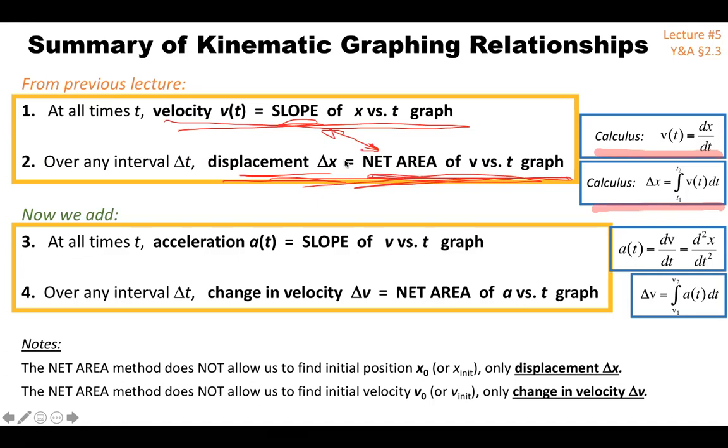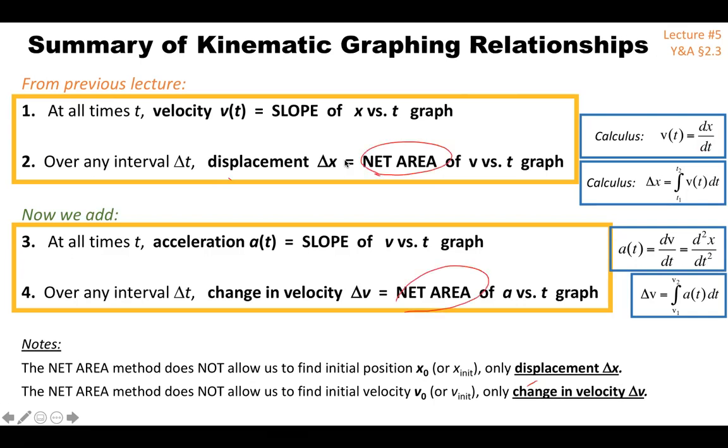All right. So now we can add analogous definitions. Notice that items 3 and 4 on this slide look exactly like items 1 and 2, only we've replaced the words velocity and displacement by acceleration and velocity, because we have these analogous definitions now. I want to add that when we use this net area method, all we can get is a delta from that method.